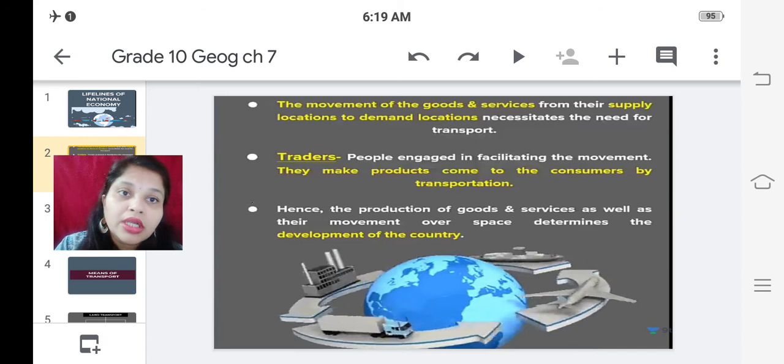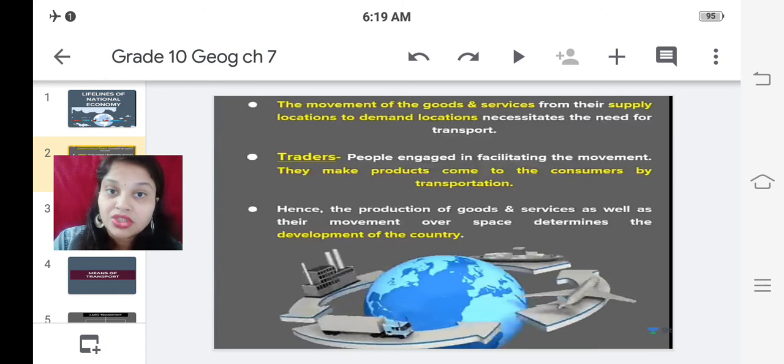As I have told you earlier, what determines the development of the country is the production of goods and services. How much is the production, that much is the country developed, right? So goods and services, this is not enough. We need to transport those goods to the consumer, so we need to increase our transportation.